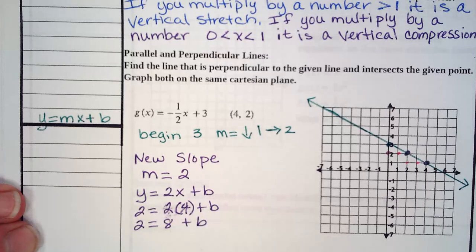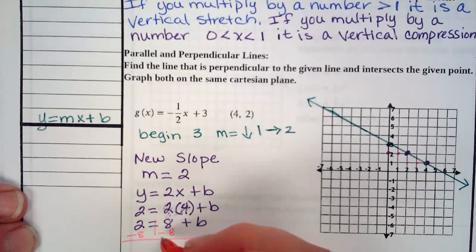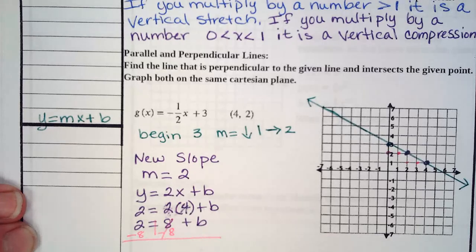Now, we've got to subtract 8 from both sides to find b. -6 is equal to b.